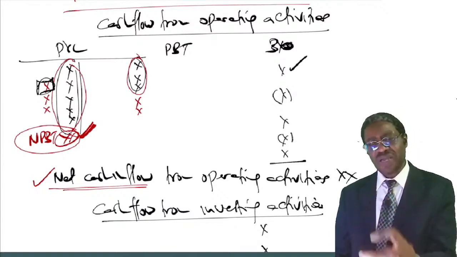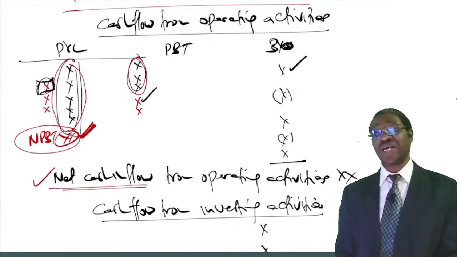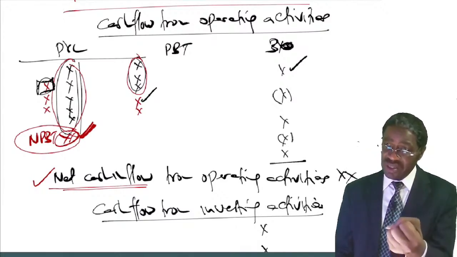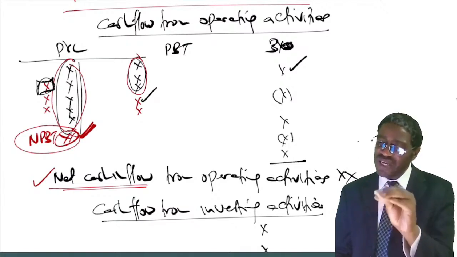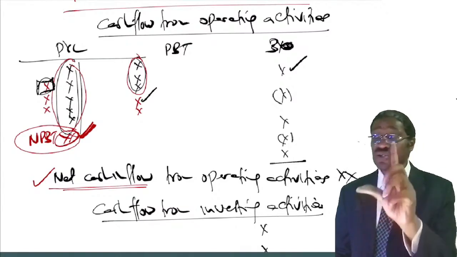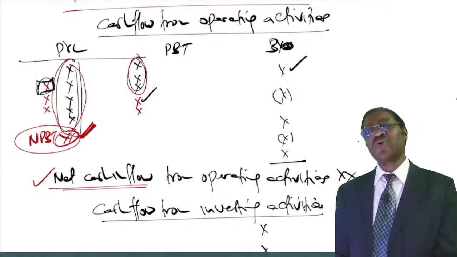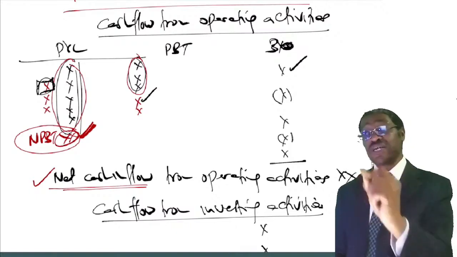If it is something that you credited in the P&L account, either as a gain or as a revenue, yet no cash was received, according to the rules of accounting, you are right. But as per the cash flows, it is not a cash item. So you ask yourself, if it was not there, would my profit have been more than 30 million or less than 30 million?